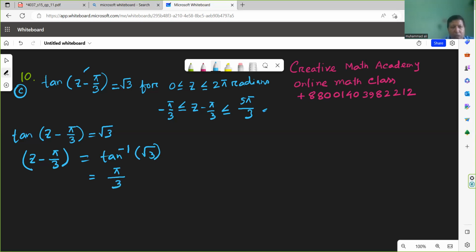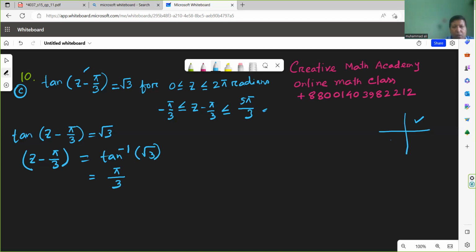So pi by 3 is obviously the first quadrant result. Tan is positive in the first quadrant and also in the third quadrant, in the first revolution.